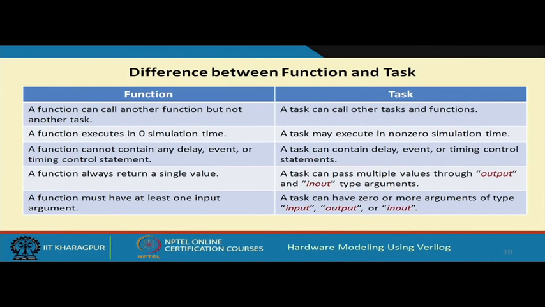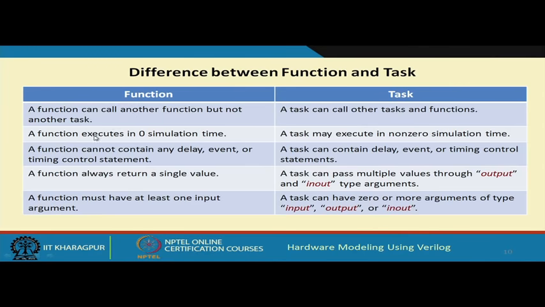So, you can have multiple functions and nested calls. A function x can call a function y, y can call a function z, just like in a high level language. This is how function calls are made, but tasks are more general. A task can either call a function or call some other task.